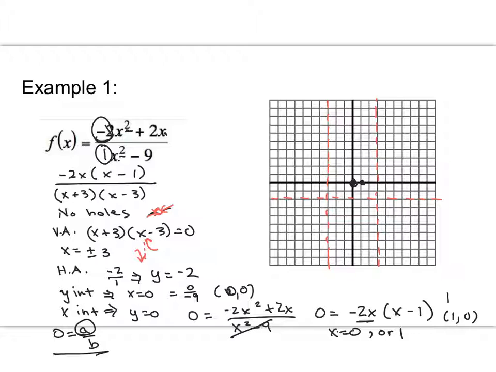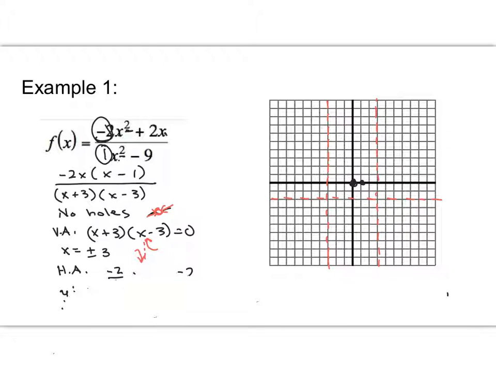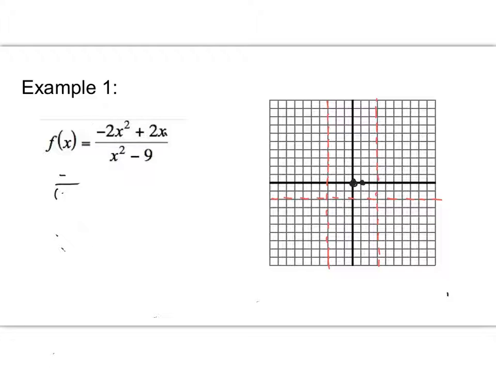The last part of this graphing, I'm going to erase everything else I have just to clean this up a little bit. The last thing I need to do is to figure out where the other points in my graph lie. So to do that, I can always do that by making a t-chart and plugging in values.